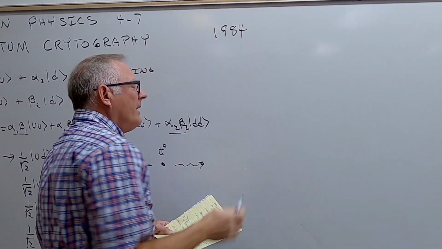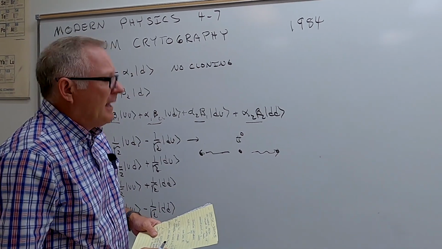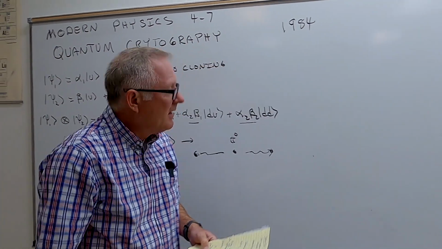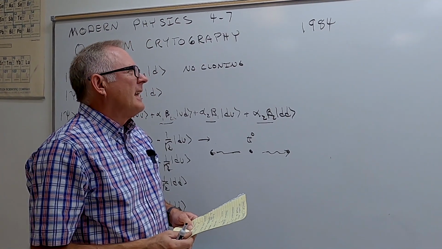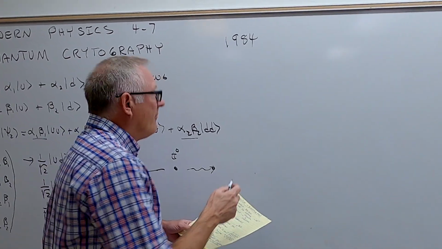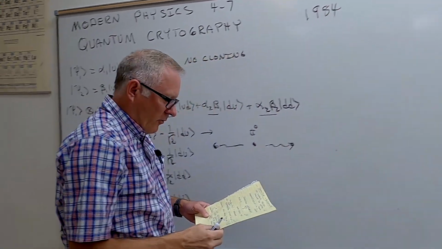These are all quite recent. Two people, Bennett from IBM and Brassard from the University of Montreal, figured out a way to send an unbreakable code. They called it the BB84 because their two last names were B, and the year was 84.